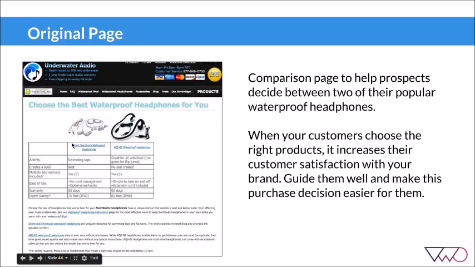Here's their original page. I'd like to draw your attention to this badge, this image which said never beaten on price, because they pride themselves on being the most affordable store online for Seiko watches.